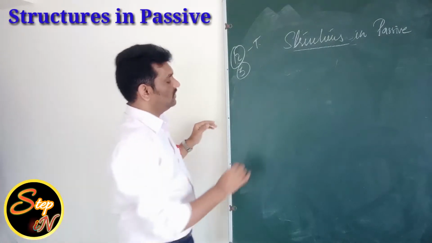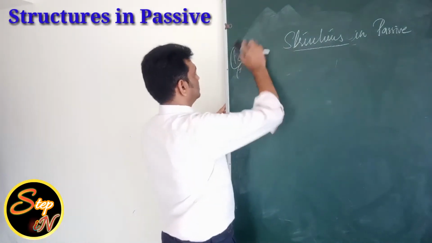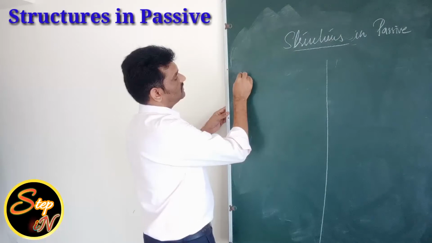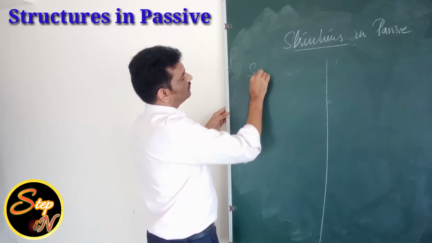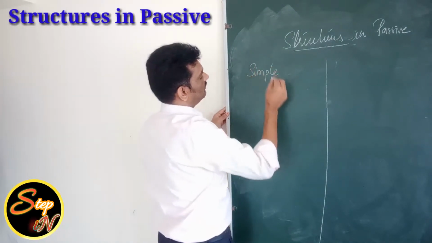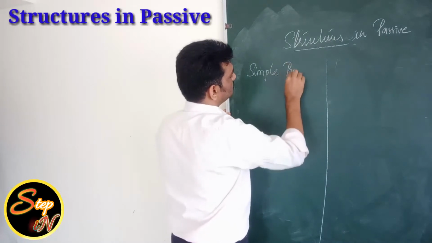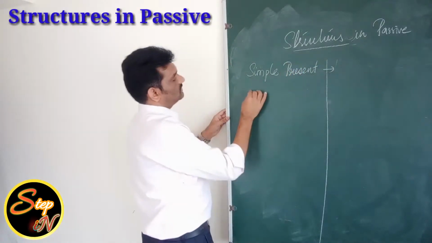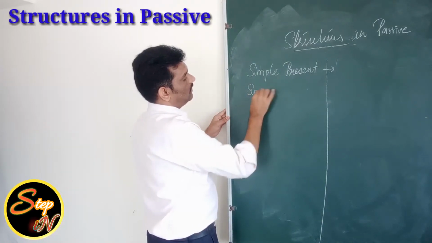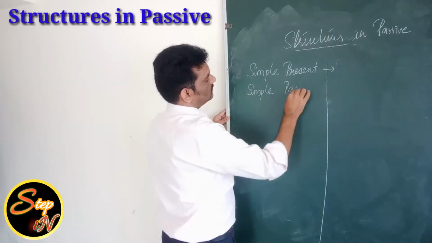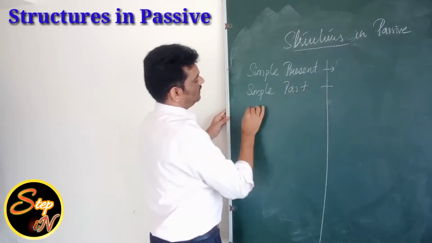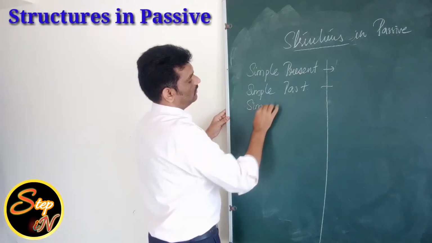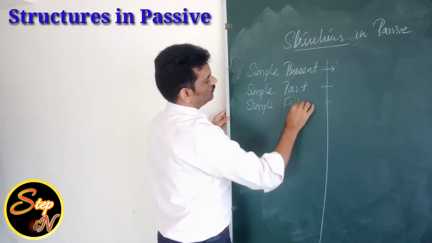So now we can see one by one with the structure. The first aspect is simple. So we will go with simple present and simple past and simple future.